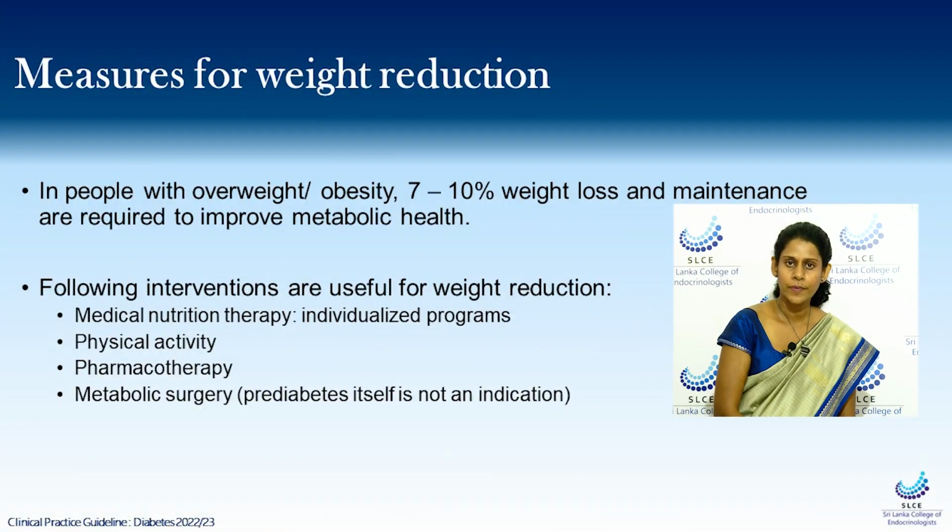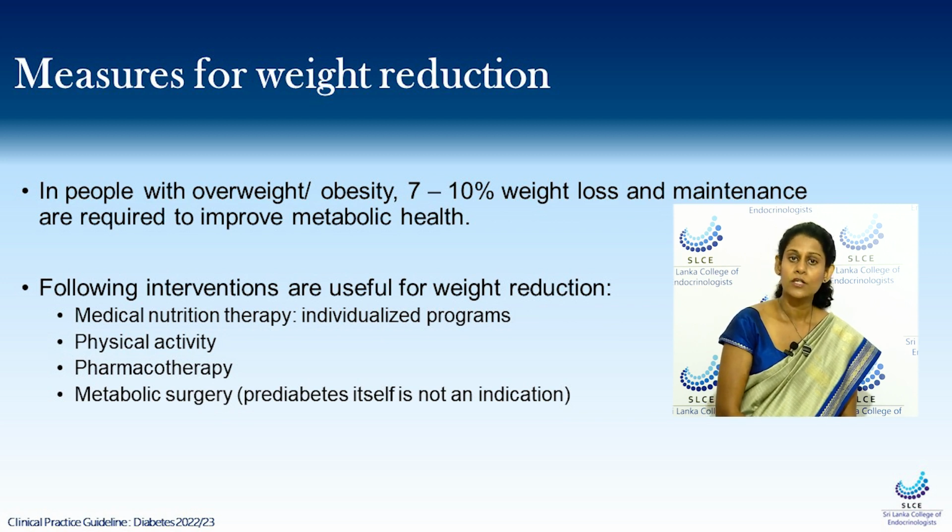In people with overweight and obesity, at least 7 to 10% of weight loss and maintenance is required to improve metabolic health. It's very important to focus and emphasize on the maintenance component, because that is usually the difficult part for patients to achieve.